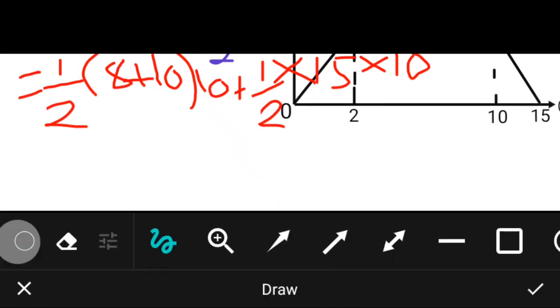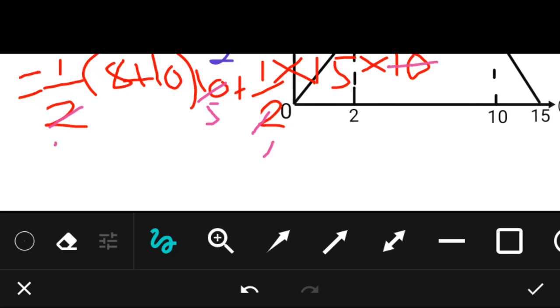Then you say 2 there is 1. Then 2 there is 5. Okay, and that is 5. Then 2 again there is 1.